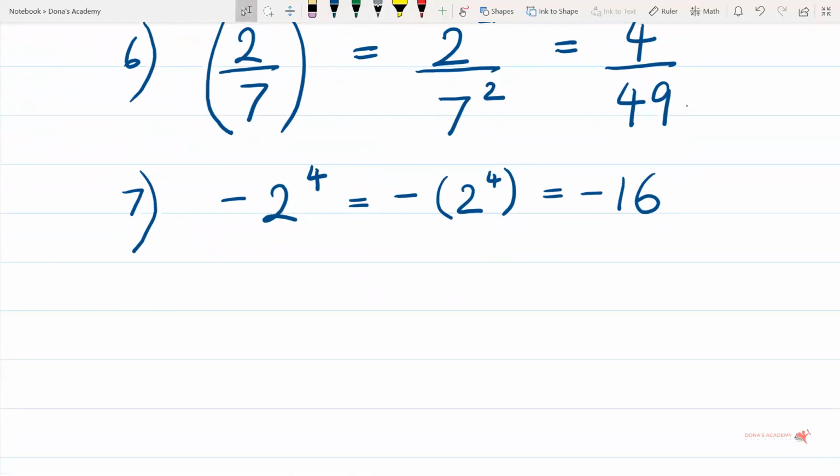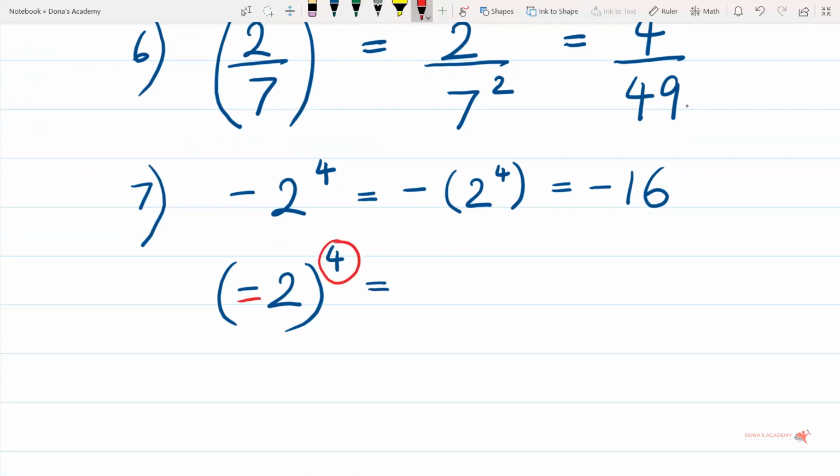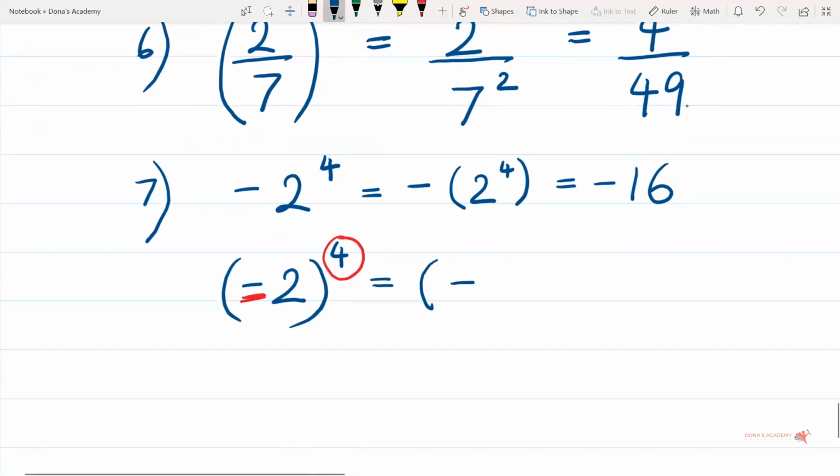Alright, now what if I have this? Negative 2 in parentheses to the power 4. Then this power 4 is applying to the negative sign also. So in this case, this is same as negative 1 times 2, to the power 4.